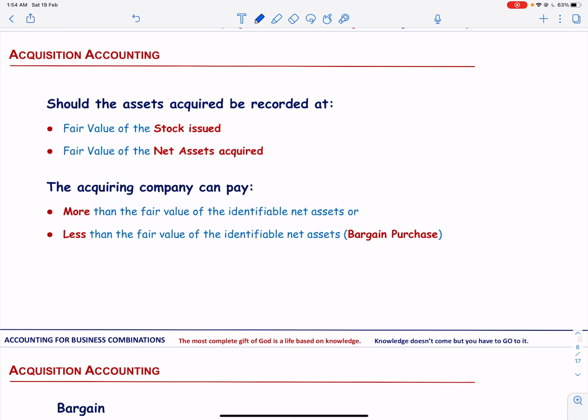The acquiring company can pay more than the fair value of the identifiable net assets or less than the fair value of the identifiable net assets.